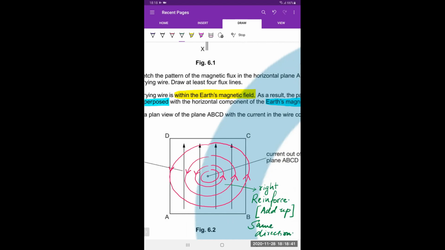So the region shown on the right hand side of the wire, the one shown with the green colored marker, इस region के अंदर the Earth's field and the field of the wire are both pointing in the same direction. So you'd expect that the field in this region is going to reinforce, or add up with each other.